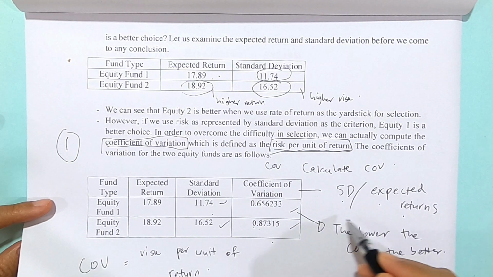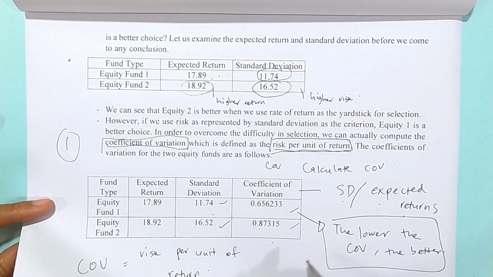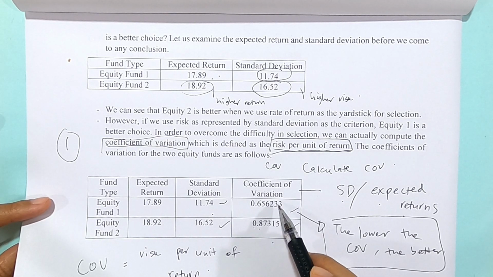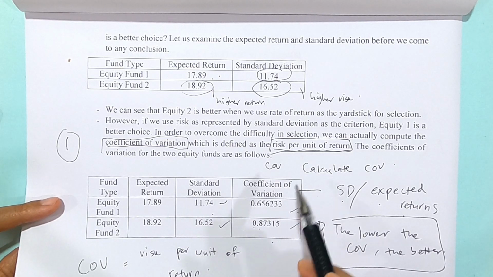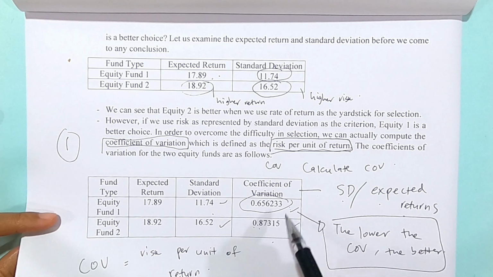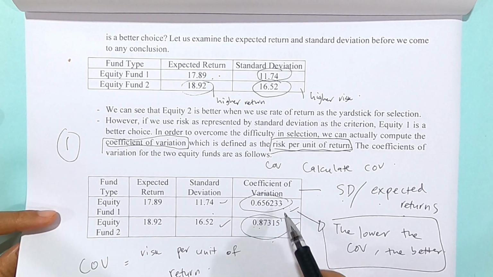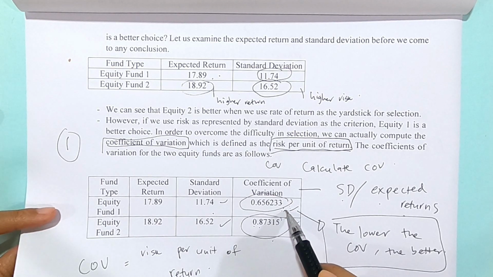We should know that the lower the coefficient of variation, the better. Therefore, in this case, we can see equity fund 1 is lower in terms of coefficient of variation when compared to equity fund 2. In this case, we have to select equity fund 1 for our investment.